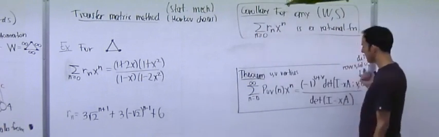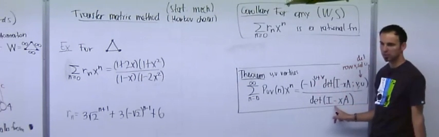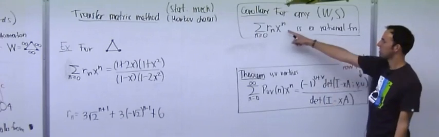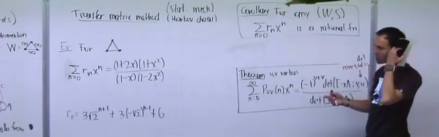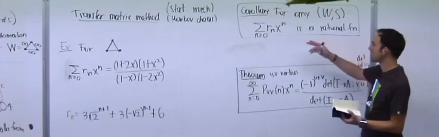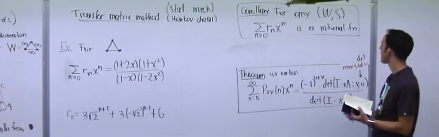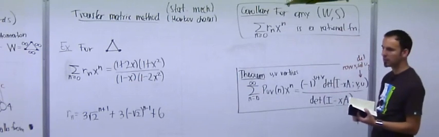Why is it a rational function? Because this is a polynomial in X, and so this is just a combination of rational functions. And this is a very nice theorem because, generally, things are not rational functions. Okay? And there are a lot of techniques for computing with rational functions.